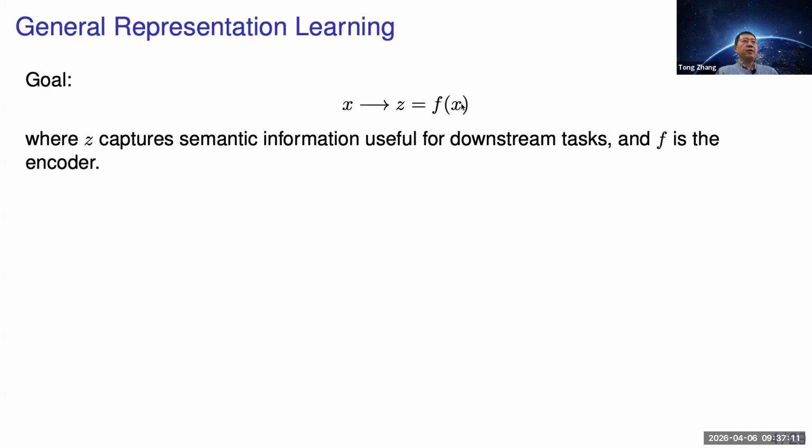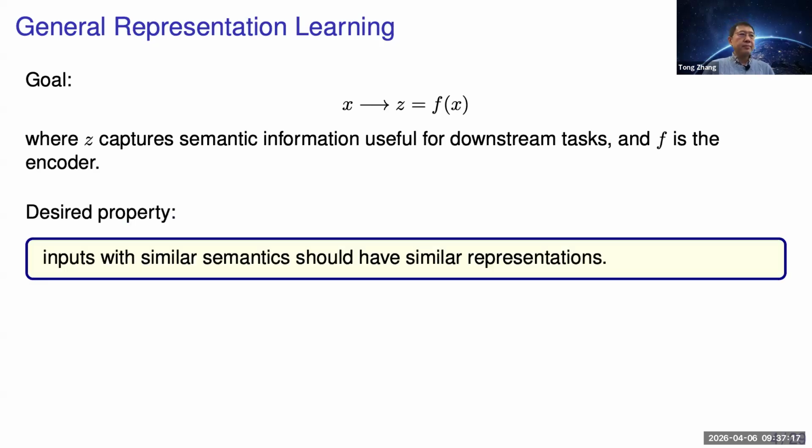This is an encoder, which is your representation learning based on a desired property. Especially if you think about contrastive learning, similar semantics should have a similar representation. Then you have to interpret what that means. This is where contrastive learning comes in later. But in the ViT case, it is more about architecture.